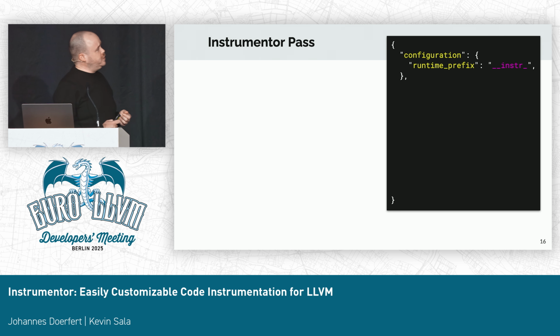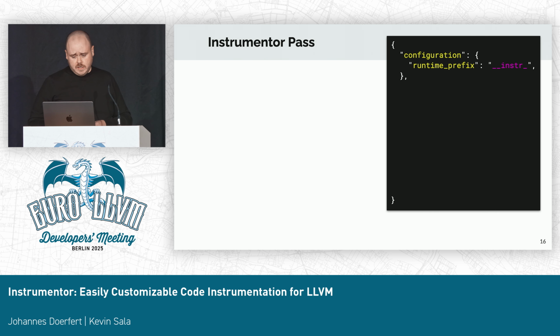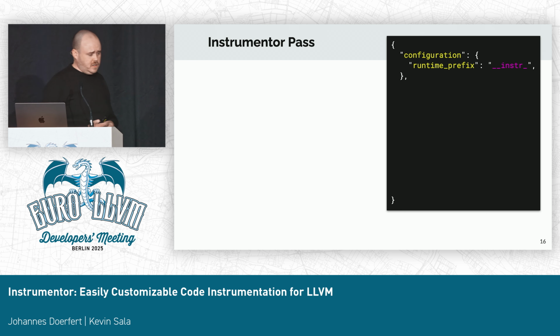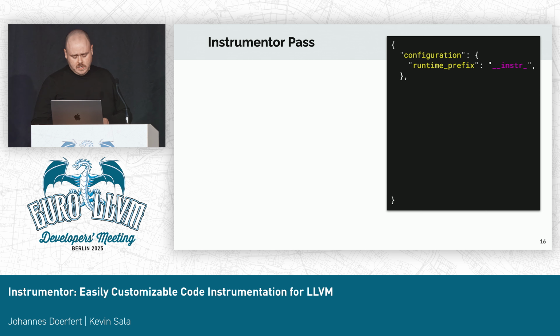The first section of the JSON file is the configuration section. There are other options inside, but the most important one is the runtime prefix, which will be the prefix of the instrumentation functions that will be inserted into the user code. And generally, you will set here the name of your instrumentation tool or library.